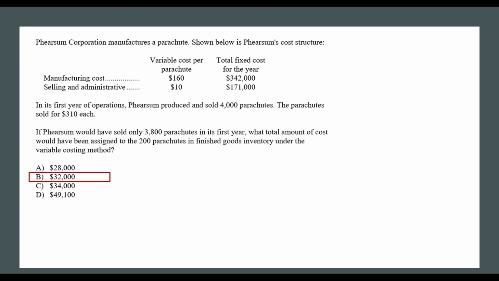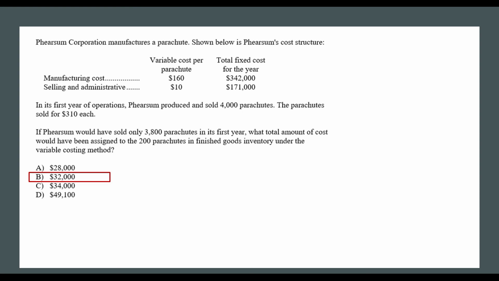And of course, there will be no value for finished goods inventory since there is no ending inventory. What if only 3,800 were sold? So there is a remaining 200. How much would have been assigned as the finished goods inventory relating to these remaining 200 parachutes?